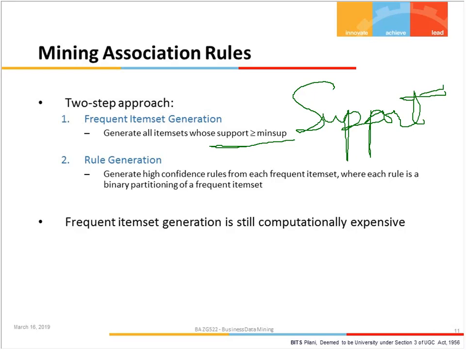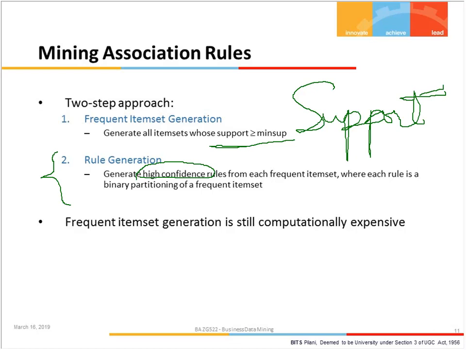Then, step two, we generate the rules with high confidence from the frequent item sets. From each frequent item set, we do the binary partitions, look at the various partitions, and generate the rule which offers us a high confidence.